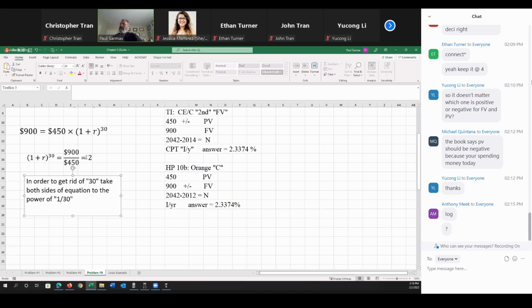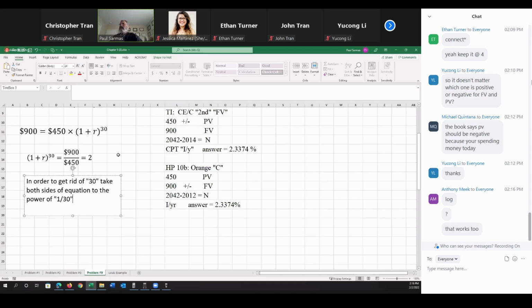So you take 2 to the power of 1/30. If you do that, you get rid of the 30, and you will get an answer very close to what the financial calculator does. I'm going to finish this up, and I'll put it again in the in-class solution.